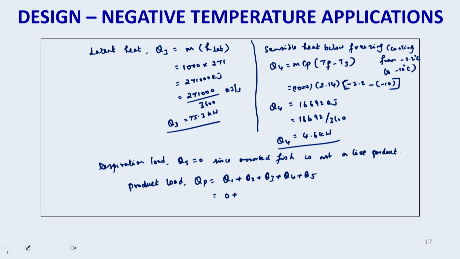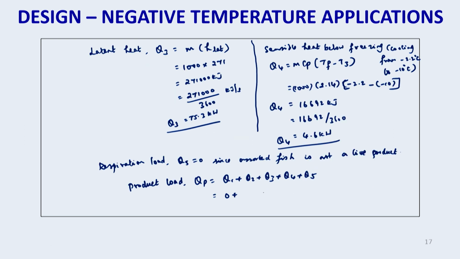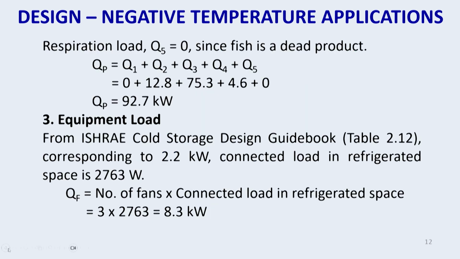Q2 is 12.8, Q3 is 75.3, Q4 is 4.6, and Q5 is 0. We get the total product load as 92.7 kilowatt.